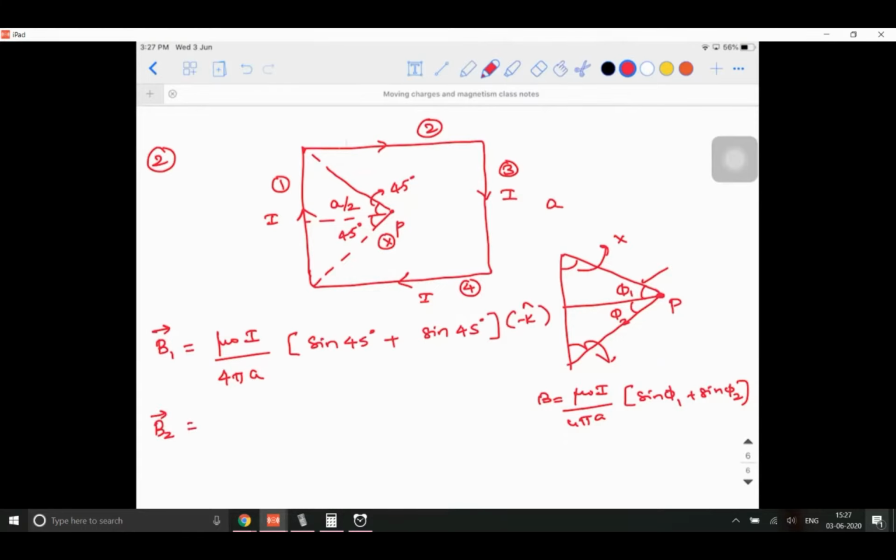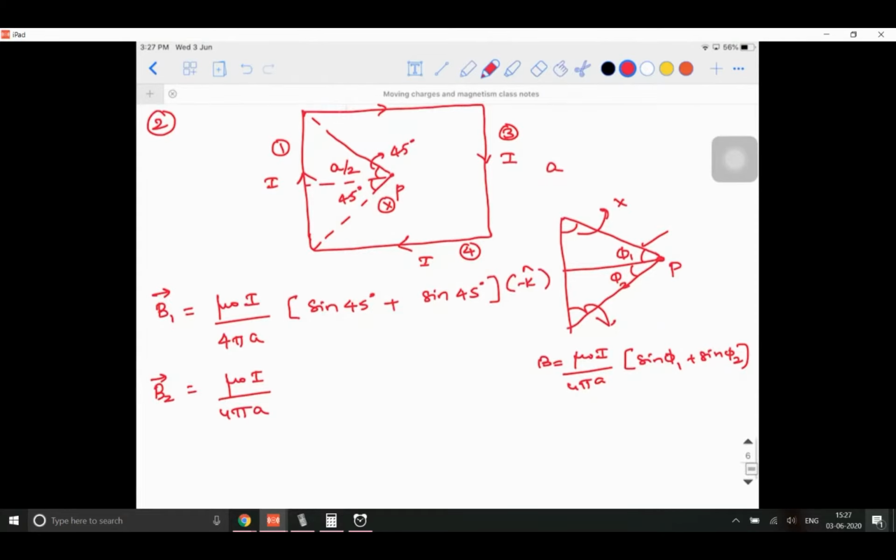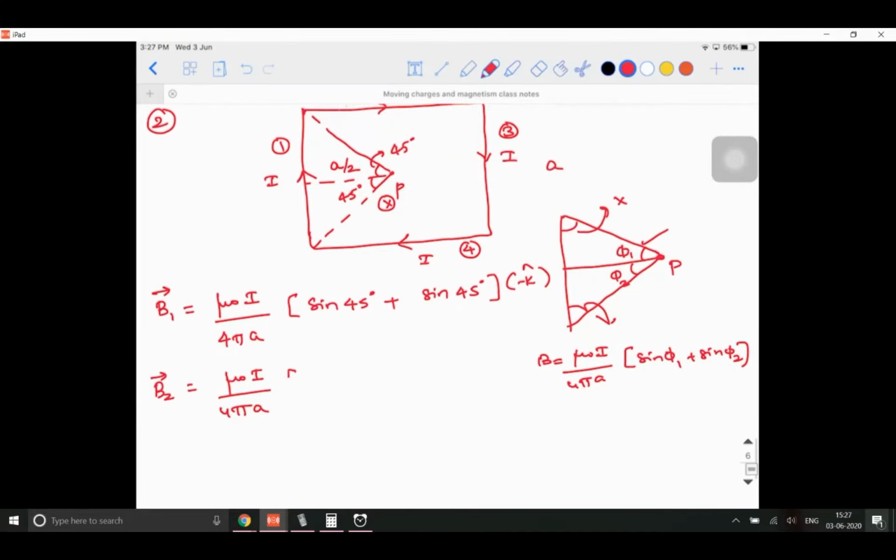Sanjana, can you tell me the value of B2 vector? It is mu naught I by 4 pi a, into sine 45 plus sine 45. What is the direction?